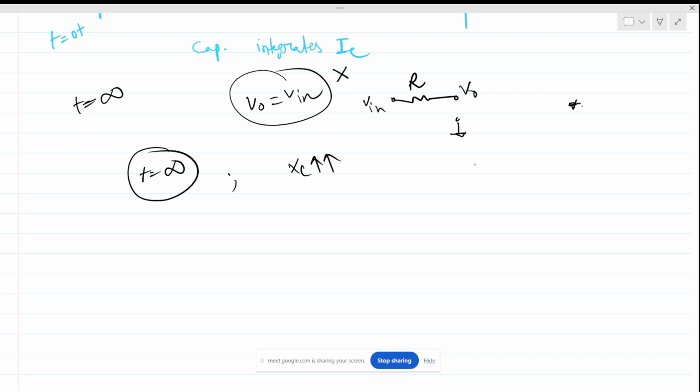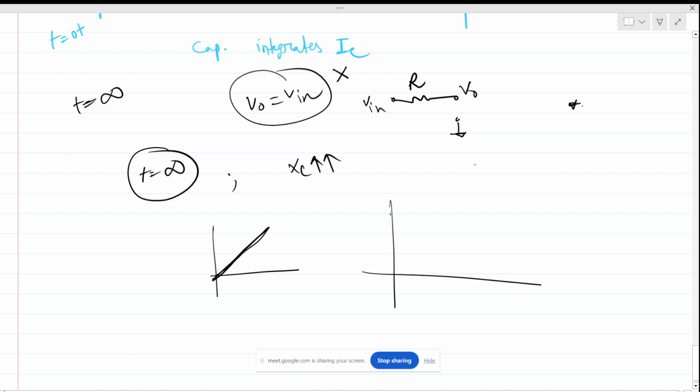But in this case, we can see that there is a ramp input, right? So V out will try to be a ramp as well. But when is it possible for the voltage across the capacitor to become a ramp?